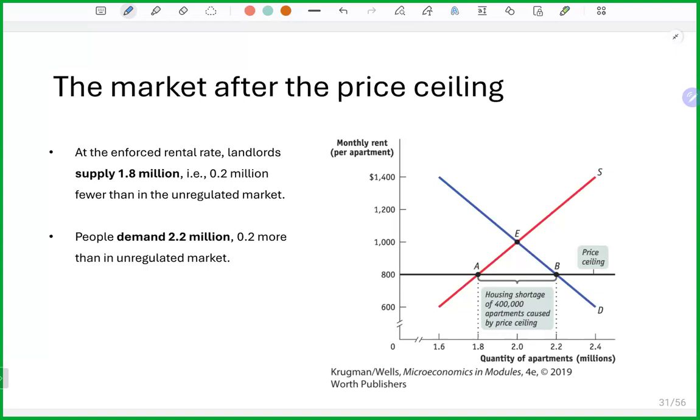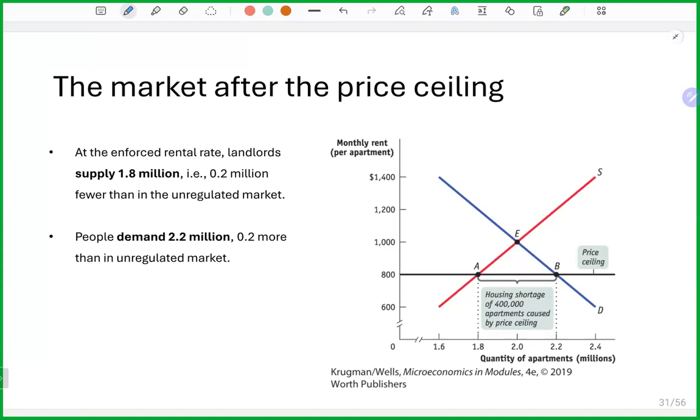Without rent control, there would be a shortage in the market, and the excess demand would push the price up to $1,000 per unit.